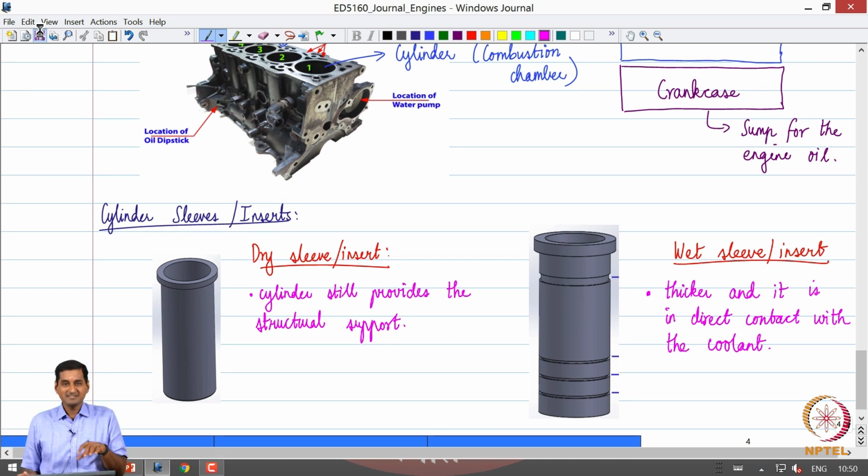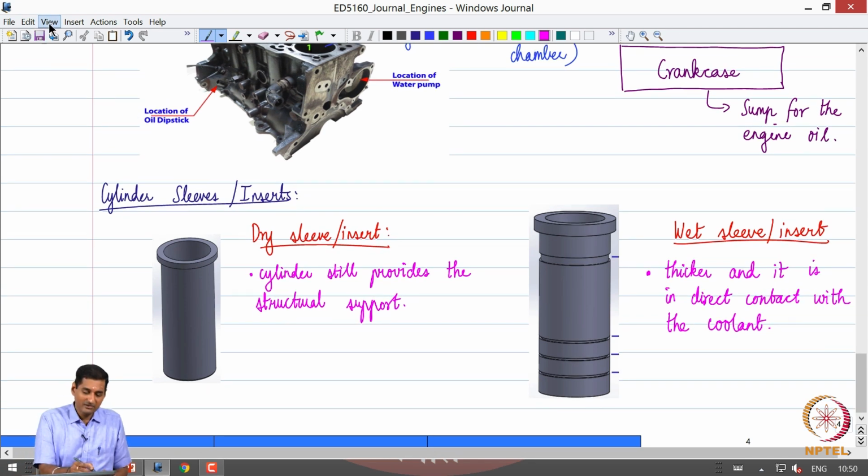In a wet sleeve that is overcome because the sleeve is directly in contact with the coolant, enabling better heat transfer, but the limitation is that it is thicker. So if it gets worn out or goes out of shape, you need to replace the entire sleeve. So these are what are called sleeves or inserts, which are placed in the cylinder cavity.